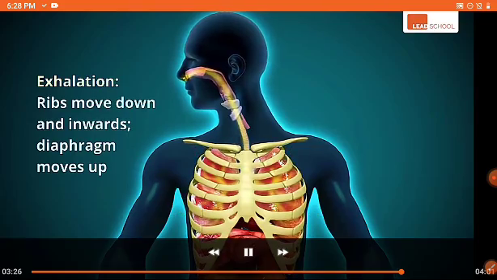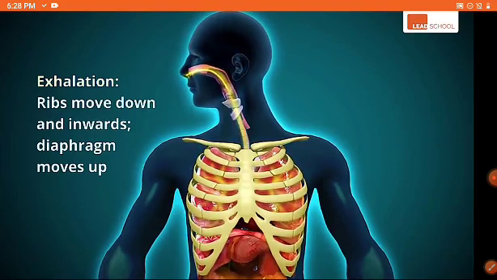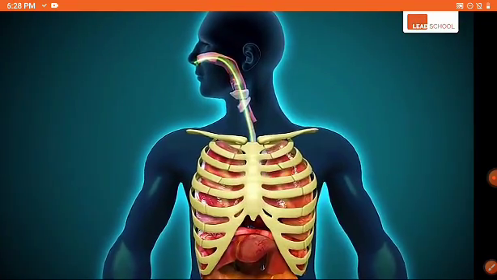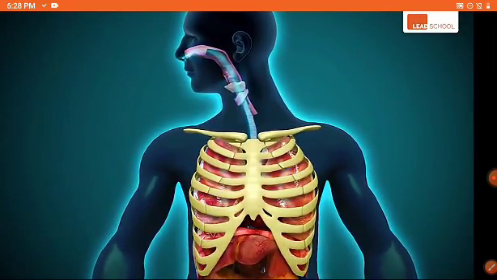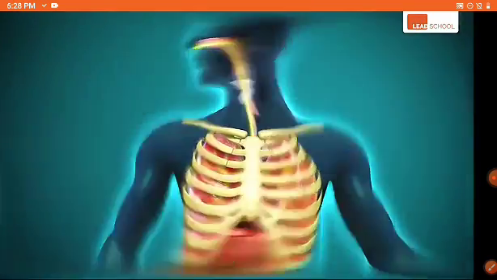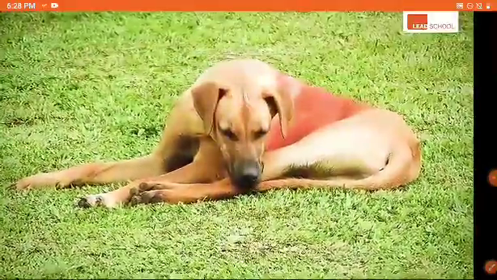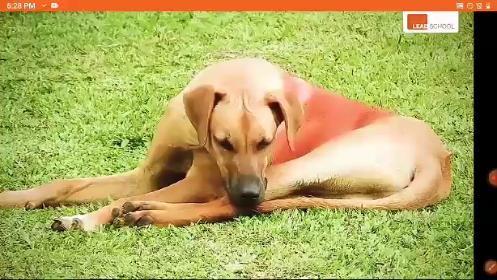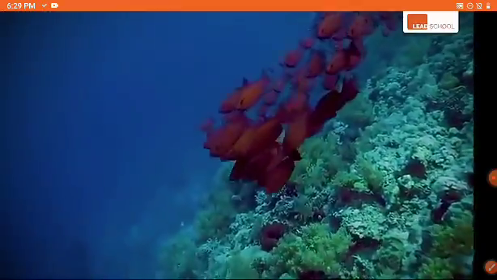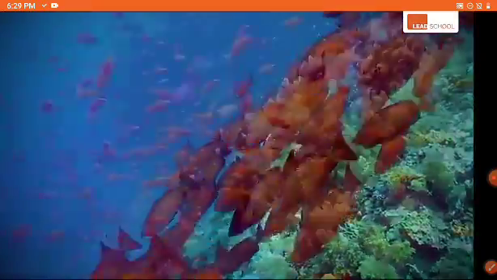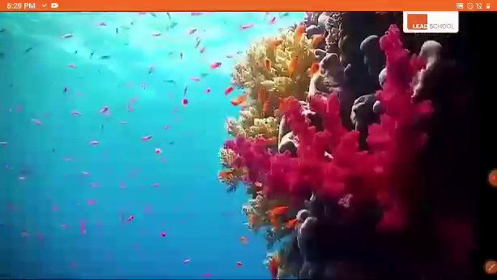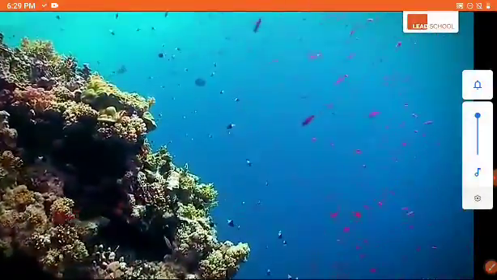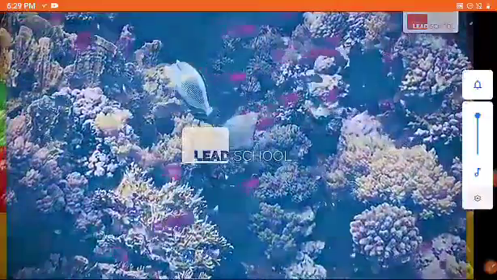This reduces the size of the chest cavity, pushing the air out of our lungs. This is how we breathe. Now, do you see why the dog's abdomen was constantly moving up and down? Creatures that are underwater also breathe and have adaptations that help them do that. Why don't you find out how these fascinating animals breathe?